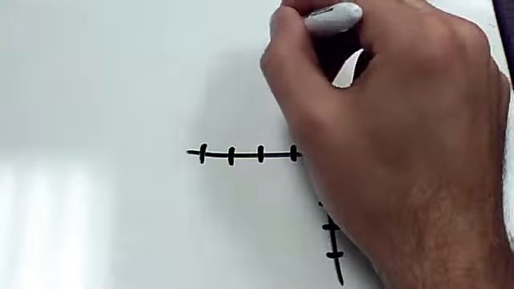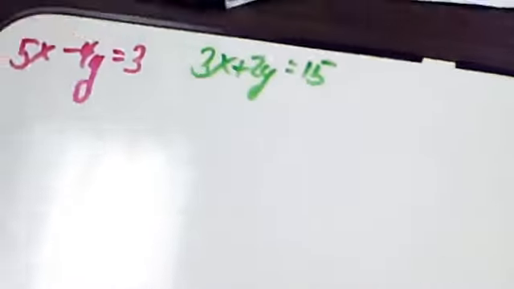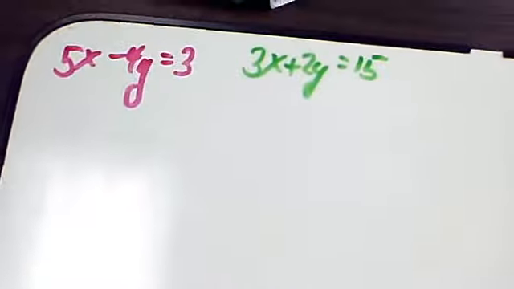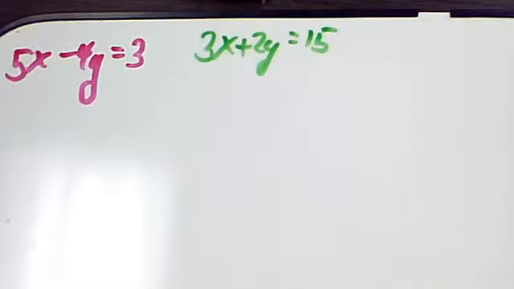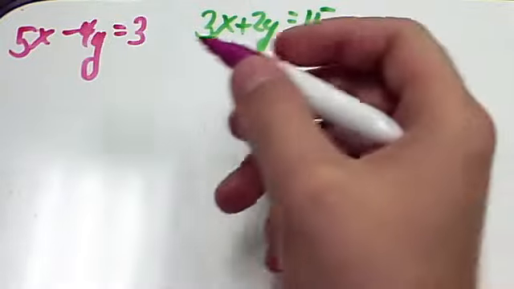Right, x and y axes. Okay, and that should work out. Alright, so just going to move over here, and here are my two other equations. Now notice they're not set up in a y equals. So that means we have to solve for it.